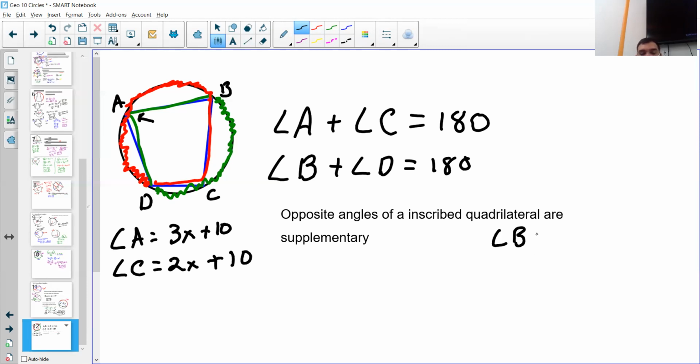Angle B equals 12x minus 2. Angle D equals 3x plus 17.